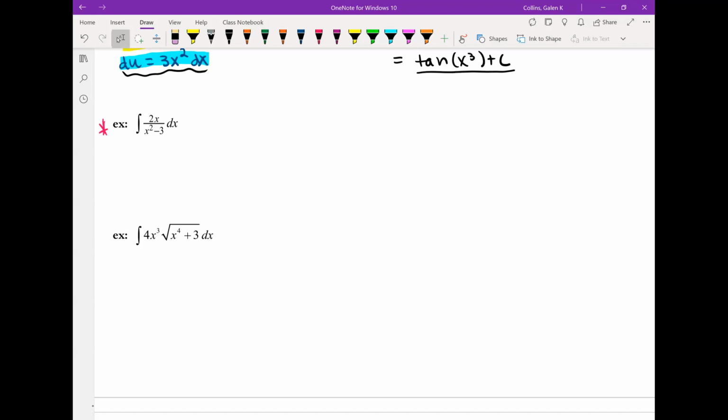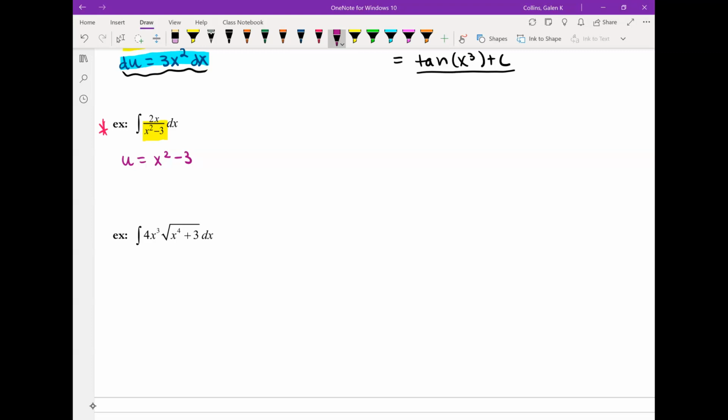So I don't want 2x to be my u, because then du would just be 2. However, I see the expression x squared minus 3. And so if I use that as my u, then du will be 2x. So I want that whole thing for u. So u is x squared minus 3.